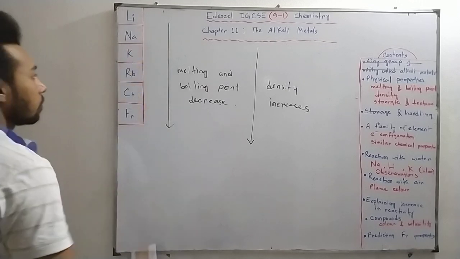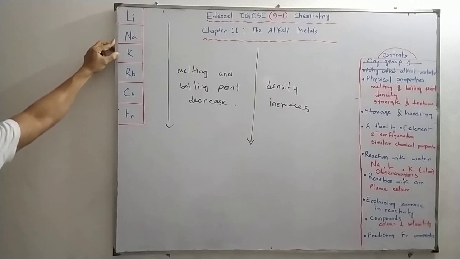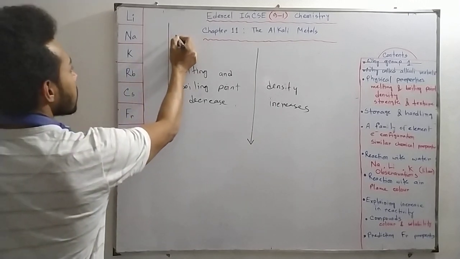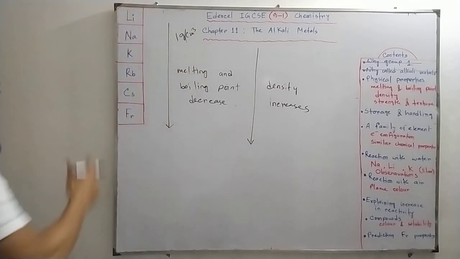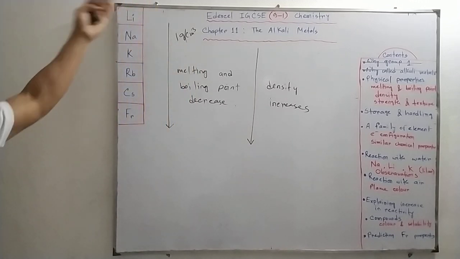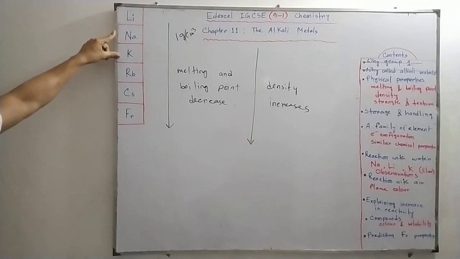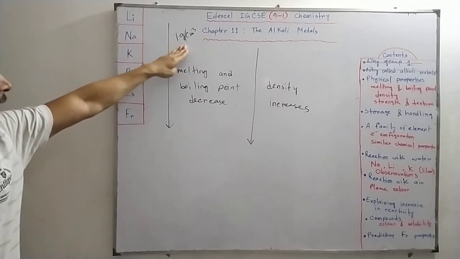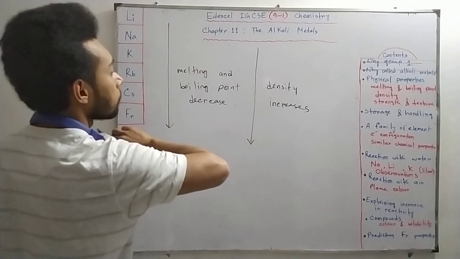Lithium, sodium, and potassium are less dense than water, therefore they float on water. Water has a density of 1 gram per cm cubed, and lithium, sodium, potassium have a density below 1 gram per cm cubed. Rubidium, cesium, francium have a higher density than water, so they won't float.